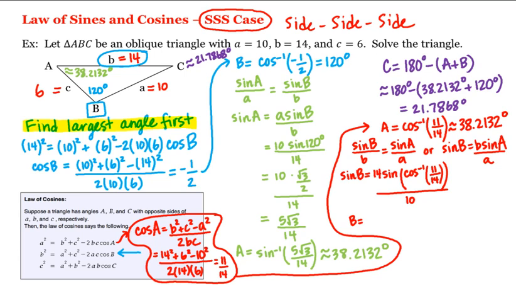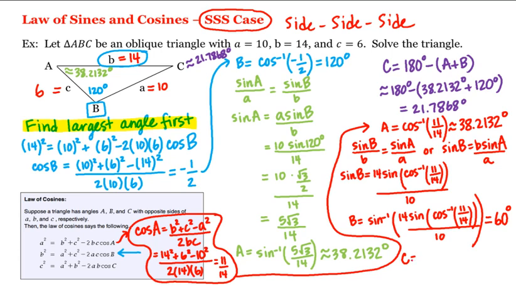And therefore, B is equal to inverse sine of this whole quantity here, 14 times sine of inverse cosine of 11 divided by 14, all divided by 10, which is equal to 60 degrees.